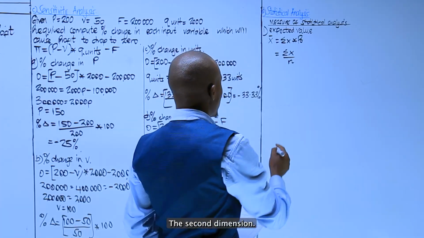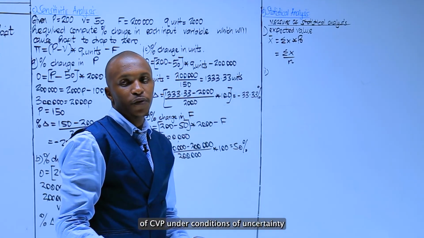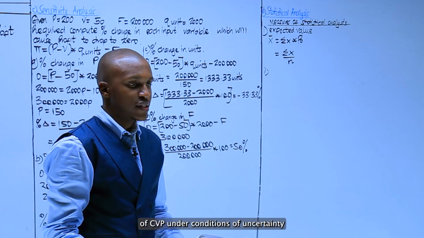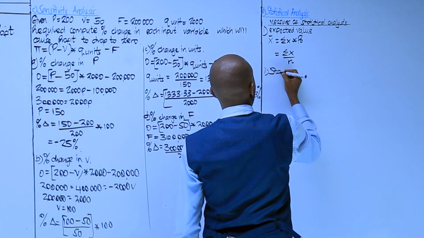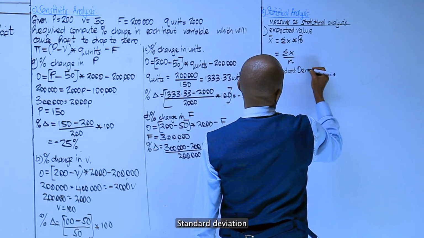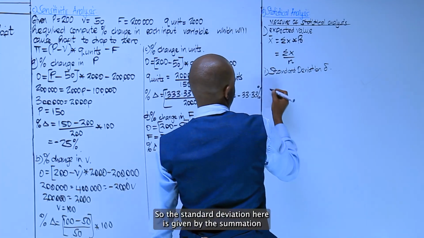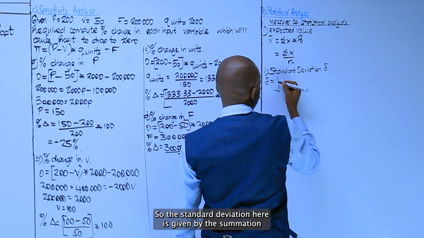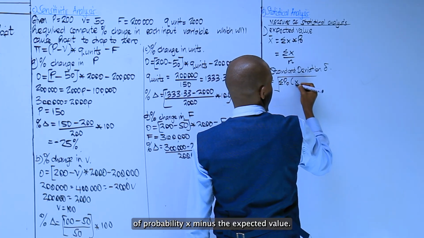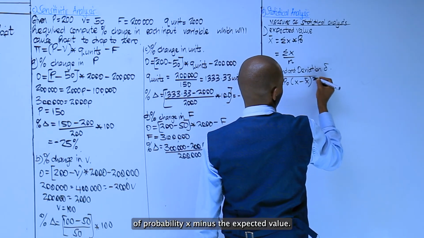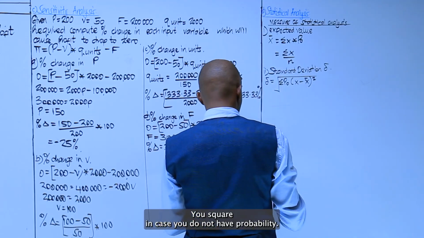The second measure of statistical analysis of CVP under conditions of uncertainty is what we refer to as standard deviation, which you denote as that. The standard deviation here is given by the square root of the summation of probability times X minus the expected value, squared.